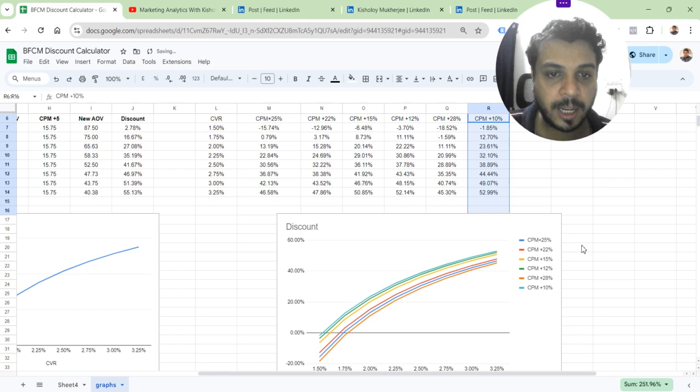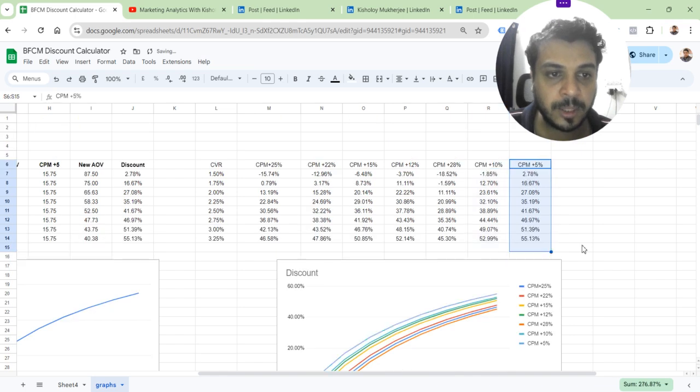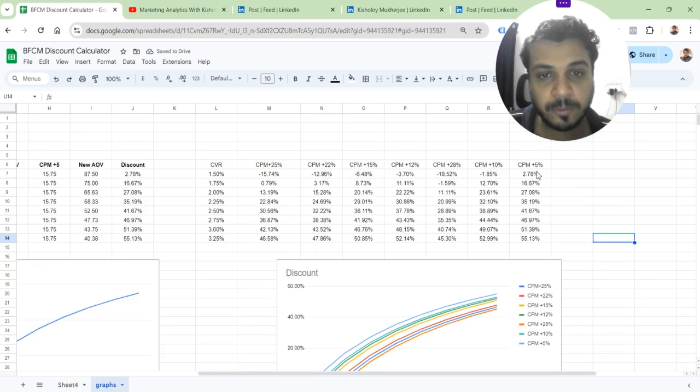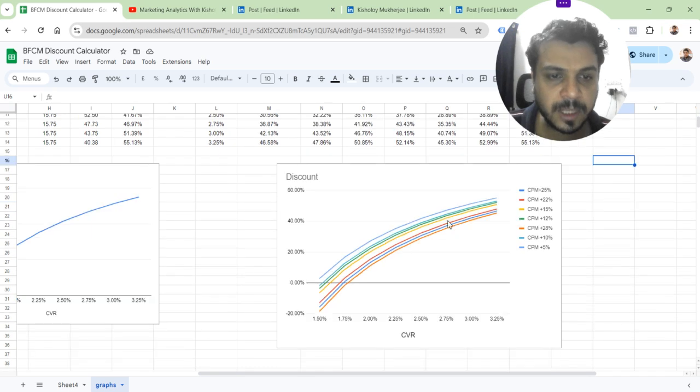Those are getting plotted as well. Okay, so right down to 5% only rise in CPM, and we have the highest percentage as 28%. So you can see that the faintest blue is the top one, and the one at the bottom is the CPM 28%. So that makes sense. That's how, of course, it's meant to be.